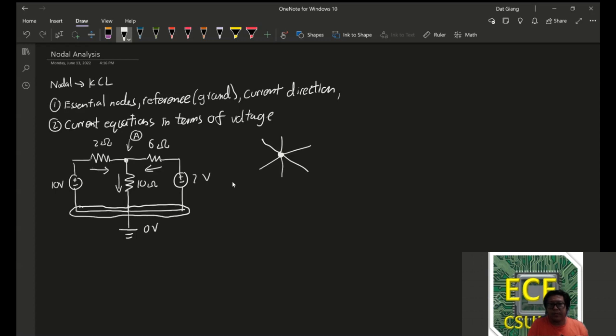So I'm going to put this as kind of like an asterisk problem. This problem is kind of ignored until we need it. So in this case, let's say that we wanted the voltage drop across here. Suppose we call this V1.